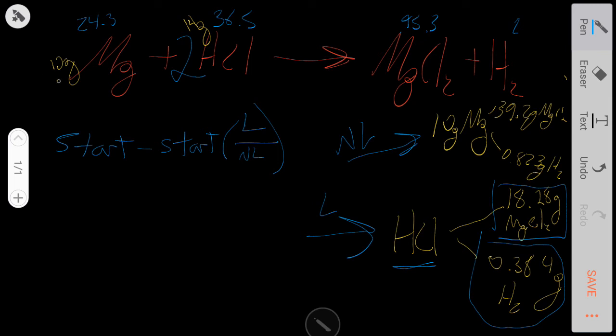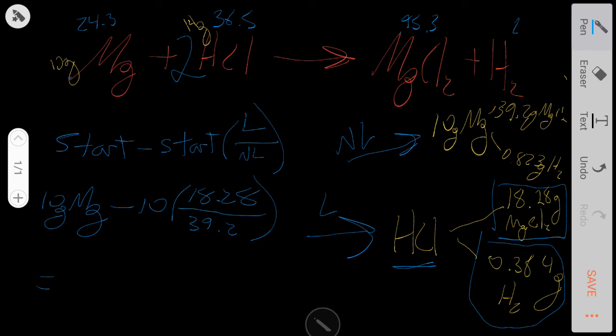I started with 10 grams. So we do 10 grams of magnesium minus 10, that's what I started with, times, for this you could pick either product, magnesium chloride or hydrogen, but you have to stick with the same for both limiting and non-limiting. So for all intents and purposes, we'll pick the top one. So my limiting was 18.28 divided by my non-limiting amount for magnesium chloride was 39.2.